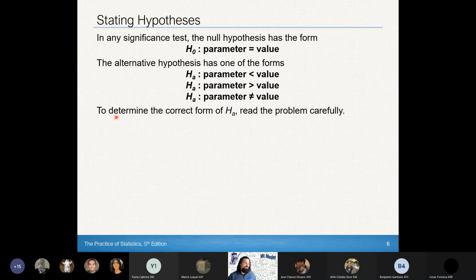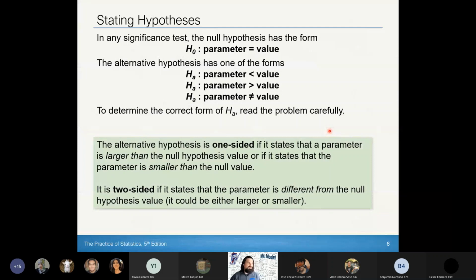To determine the correct form of H sub A, or alternative hypothesis, we want to read the problem carefully. The alternative hypothesis is one-sided if it states that a parameter is larger than the null hypothesis value, or if it states that the parameter is smaller than the null value. Right? One-sided. So these first two, H sub A parameter less than, parameter greater than, those are one-sided.